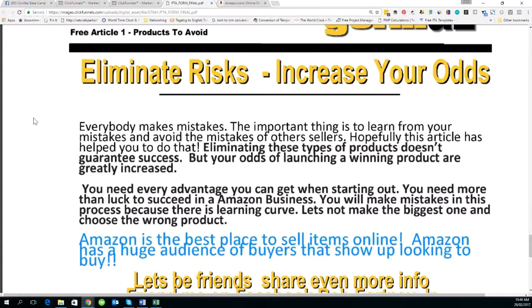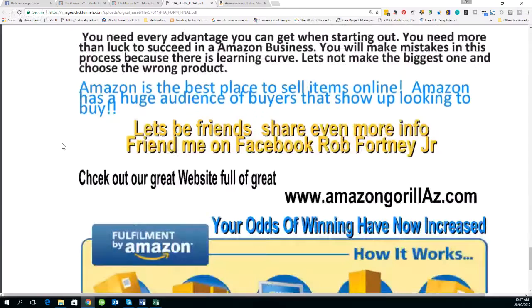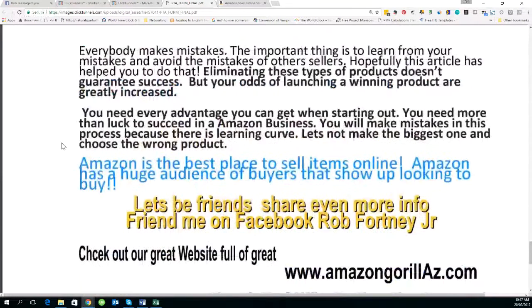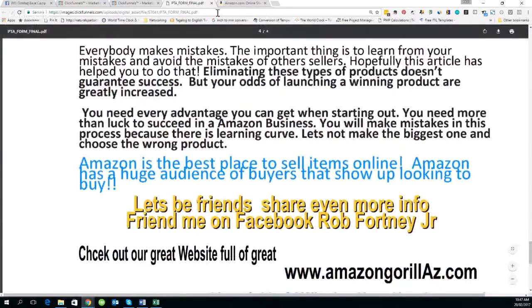Okay, so we have covered quite a bit here. This document is inside the membership area, and you can just download it. There are a number of links around products to avoid, but you need to get this in your mind when you're checking through products.